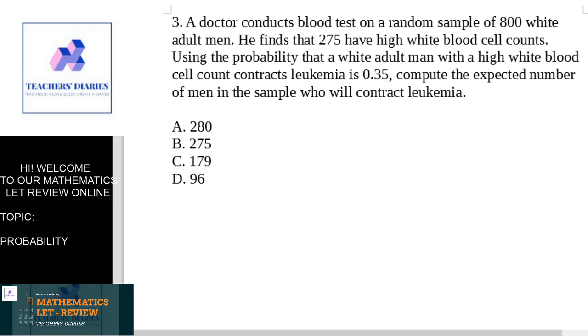Using the probability that a white adult man with a high white blood cell count contracts leukemia is 0.35, compute the expected number of men in a sample who will contract leukemia. A. 280, B. 275, C. 179, and D. 96.